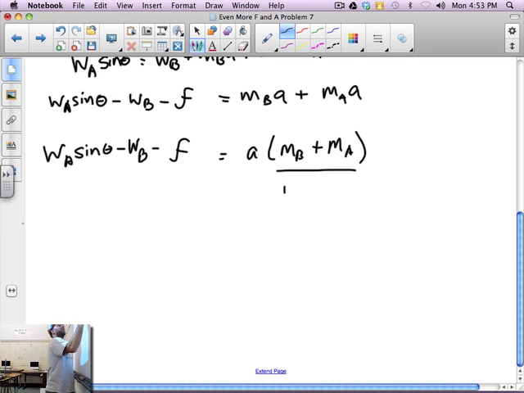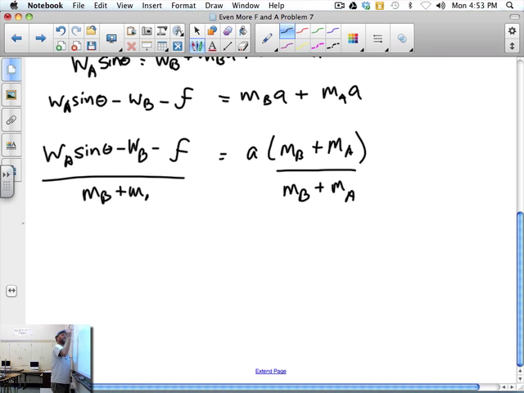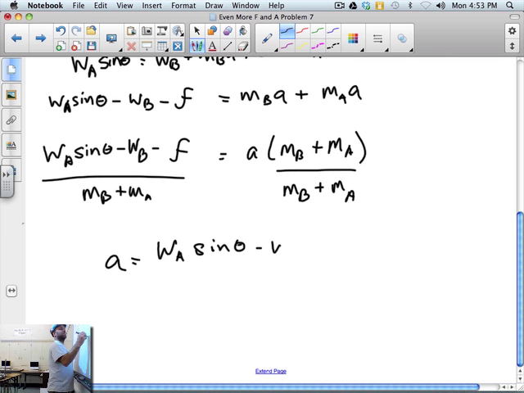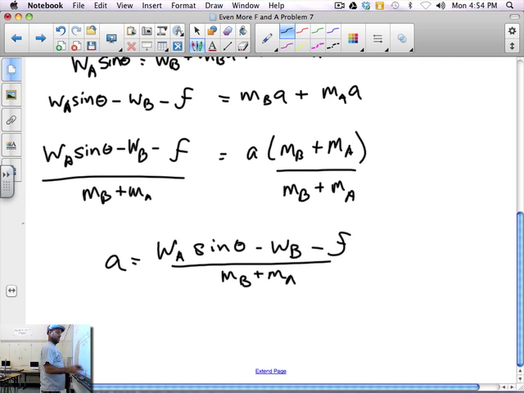Divide both sides by this part, mass of object B plus mass of object A. So I get A equals, now I'm going to rewrite all the stuff that's on the left side on the right side. Weight of object A sine theta minus weight of object B minus friction. All that is over mass of object B plus mass of object A.